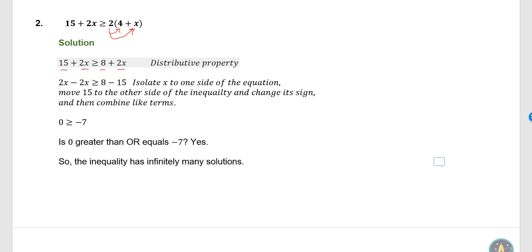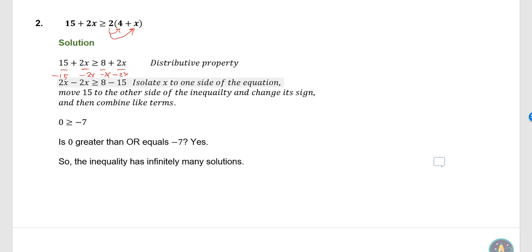What we could do is, again, to isolate the x's on the one side and then everything else on the other side. So we can keep this 2x here and we bring this one to this side, right? So minus 2x, and minus 2x. And then minus 15 and minus 15, right?